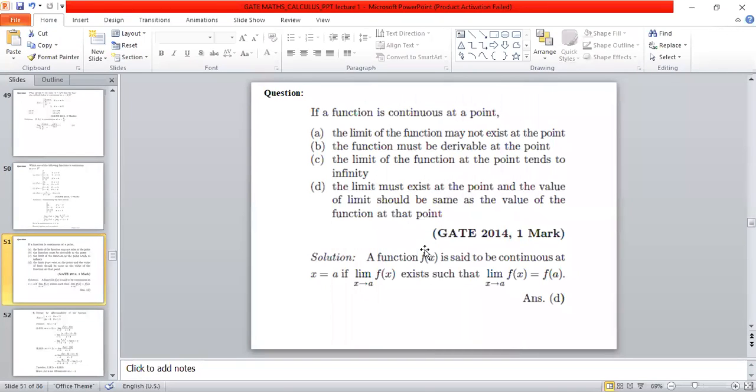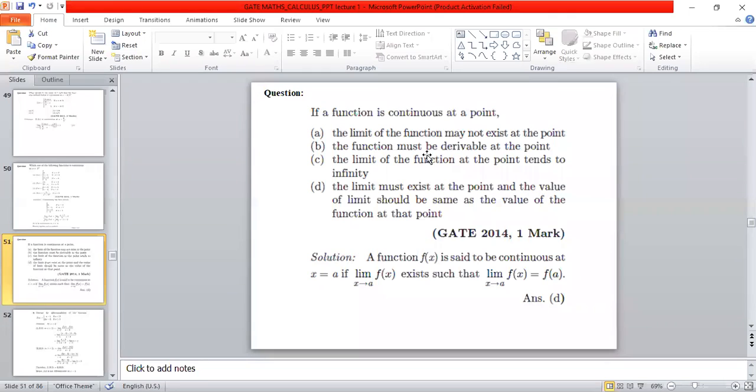Next is, if a function is continuous at a point, you have to choose the correct statement. The limit of the function may not exist. Is it possible? No, the limit must exist for a continuous function. The function must be derivable.